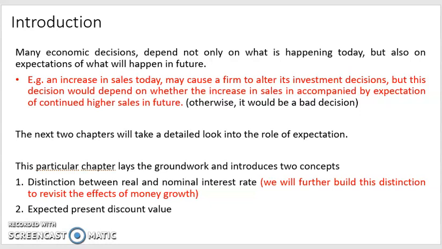By then, they may be sitting somewhere in storage, idling and gathering dust. We haven't until now paid attention to the role of expectations when making such decisions. So this chapter lays the groundwork and introduces us to this concept.